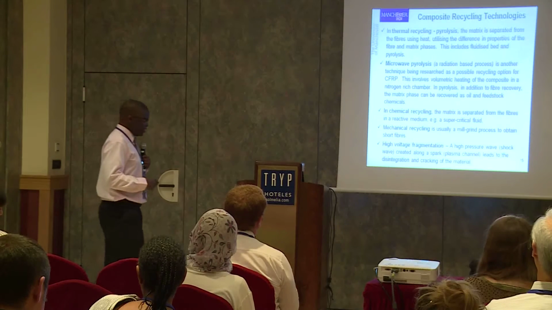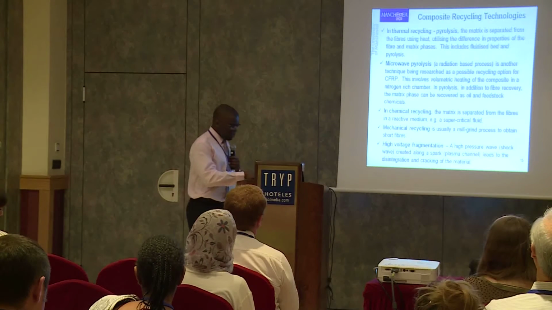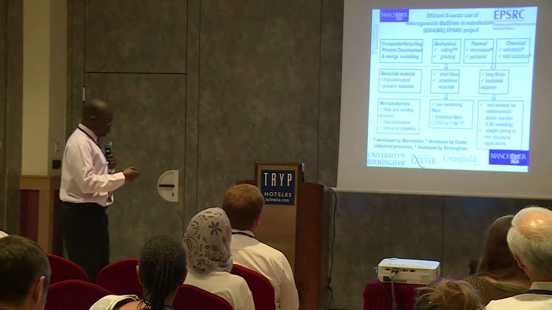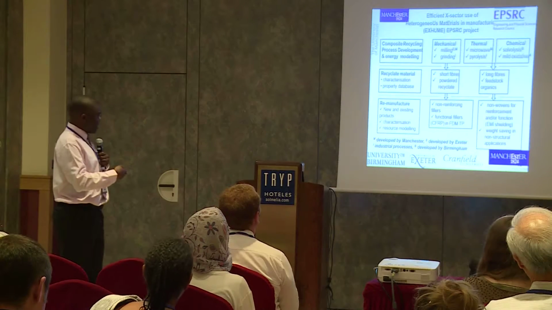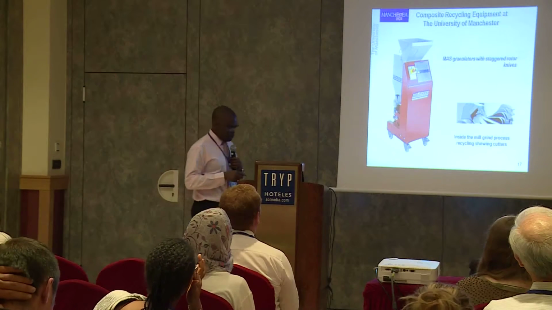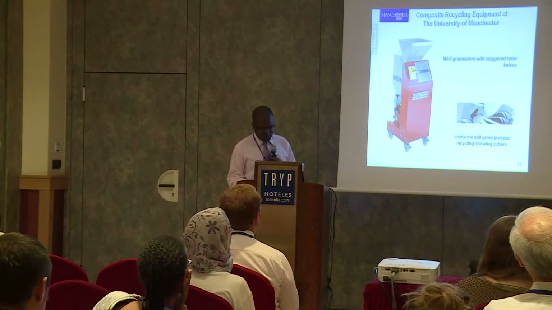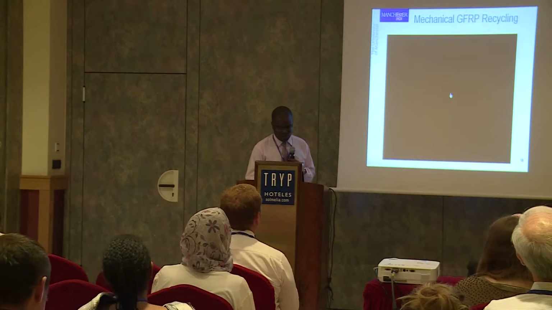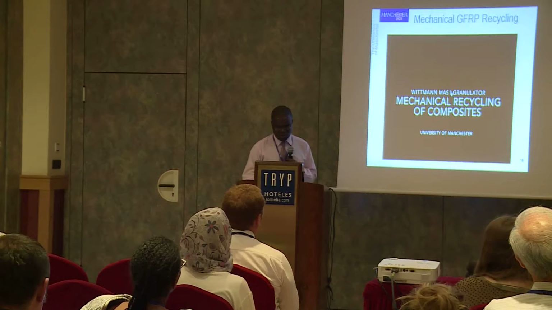So there are different ways of separating materials. Through this consortium, we are addressing the range of processes that I have described. That's just an example of the simplest process, which is the mechanical process, which I will show here.